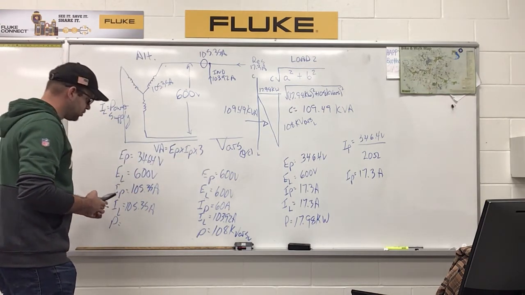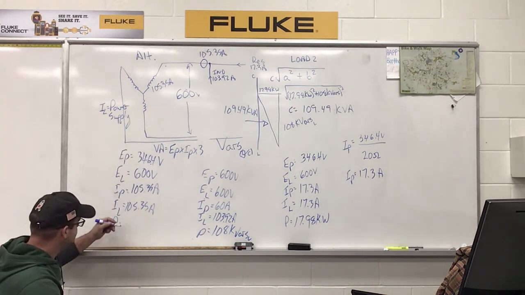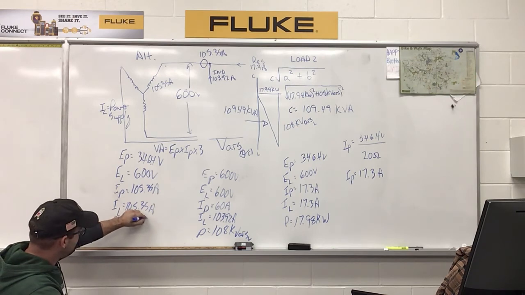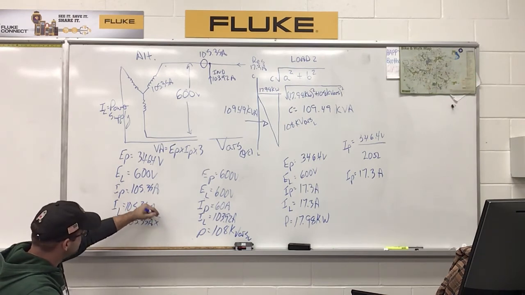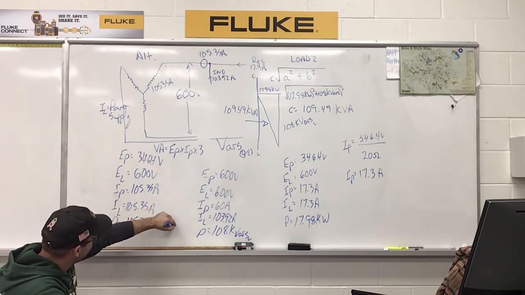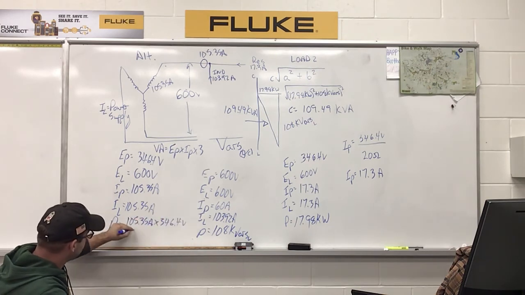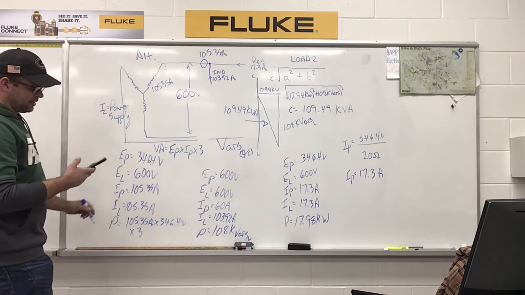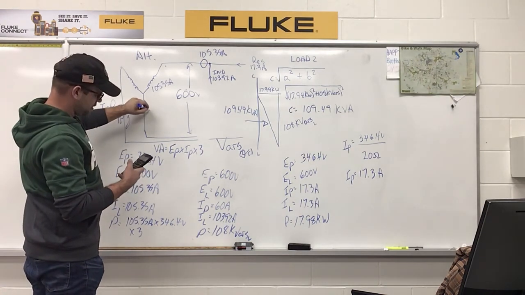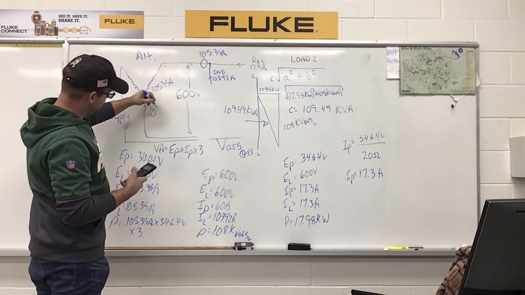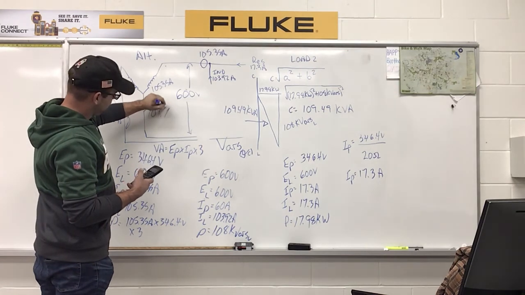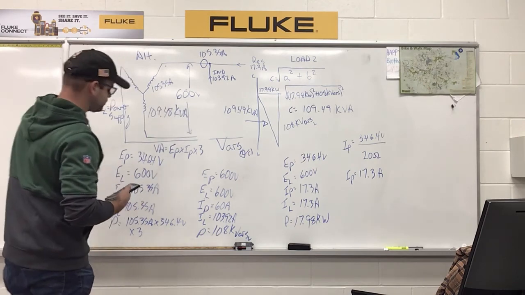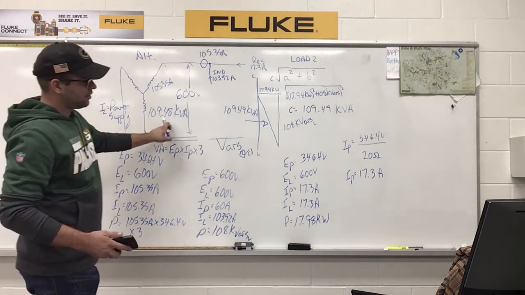So what I end up doing is I took 105.35 amps times 346.4 volts, and then I times that by 3, and that gave me a value of, I know this is crowded, 109.48 kVA, which is very close to that.